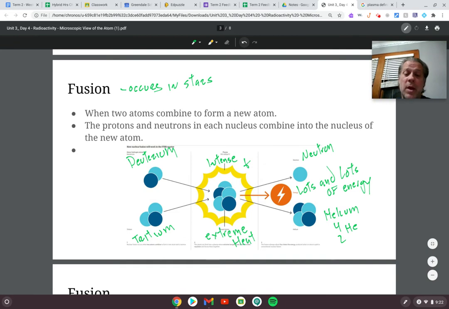Over time, those atoms started to make bigger and bigger atoms through the process of fusion. But the only place that we know of in the universe that this occurs is in stars, which means it's currently impossible on Earth for us to have fusion occur, because the amount of heat required to fuse two atoms together like this is so great that it would be uncontainable, and we'd basically blow the planet up. So until one of you can figure out a way to do that, we are not going to be able to create fusion on the Earth.